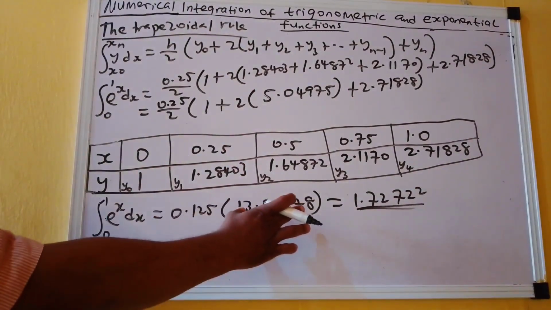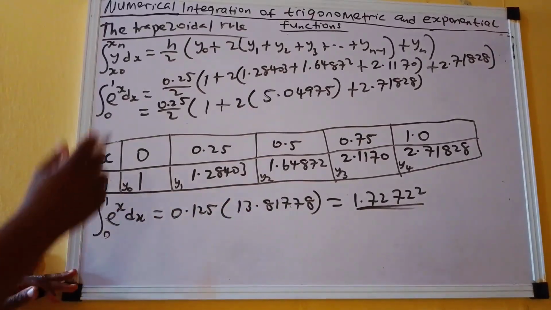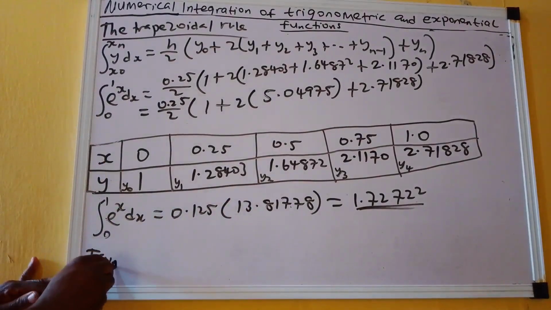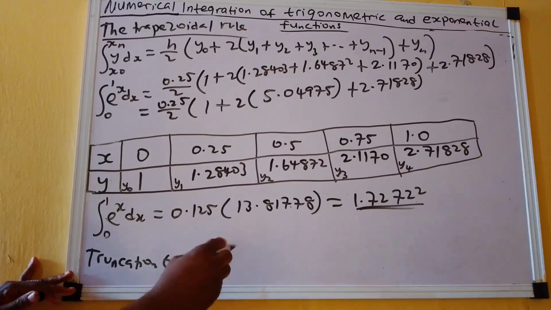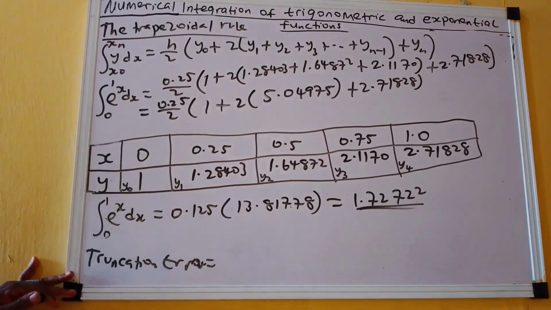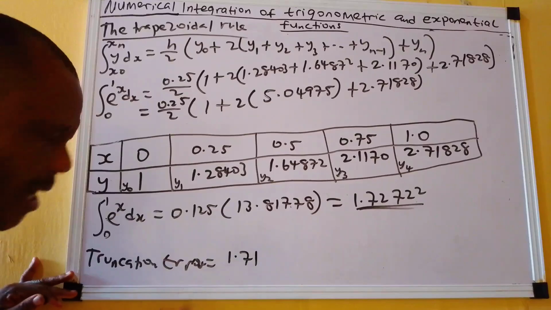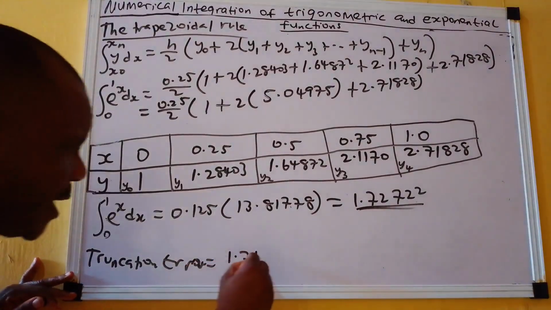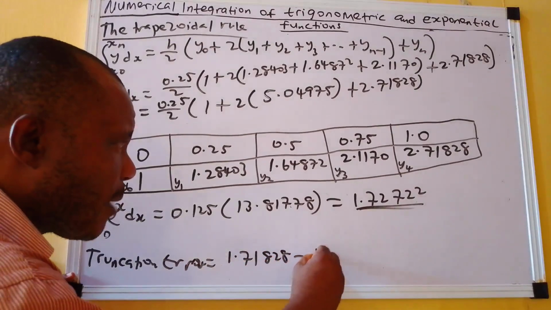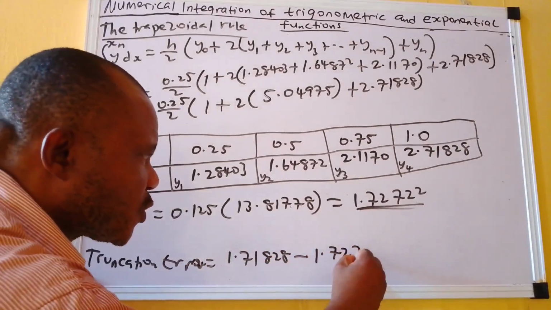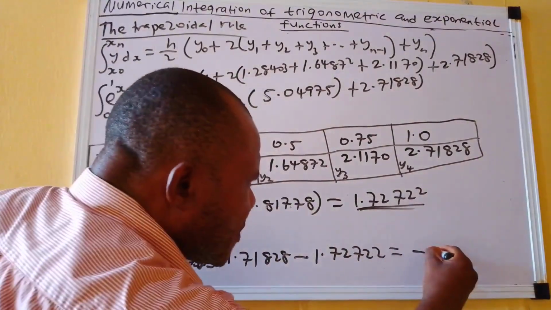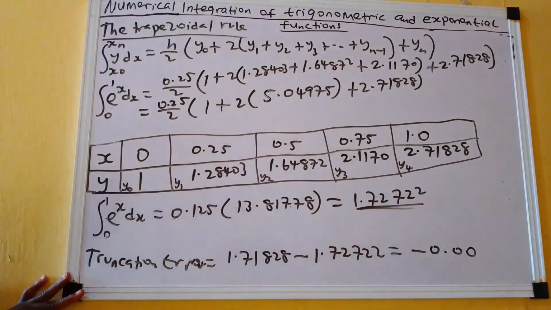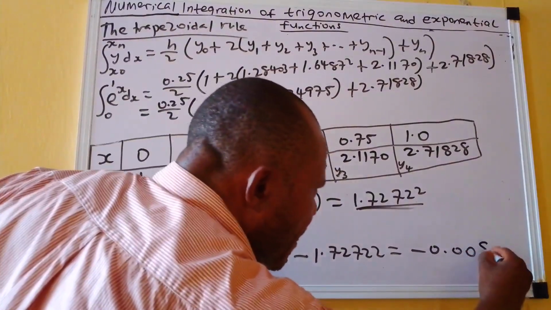You can see here that the answer we have gotten is close. So our truncation error will be equal to the true result, 1.71828, minus 1.72722, and that will give us minus 0.00894.